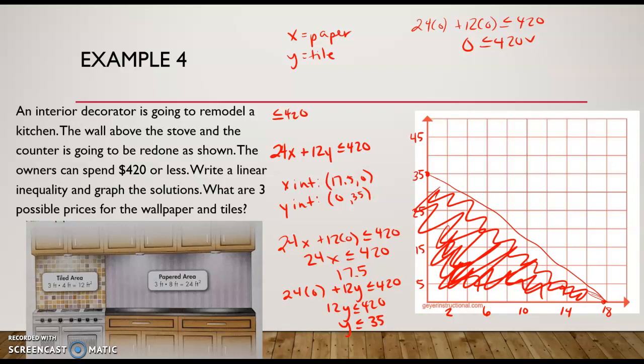Alrighty. So on this one, set up the equation based off of what we know, and then drew our line. I used slope-intercept form. You could solve for y and graph based off of what you know. Either way will work.